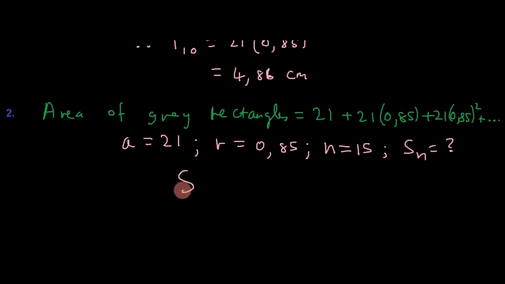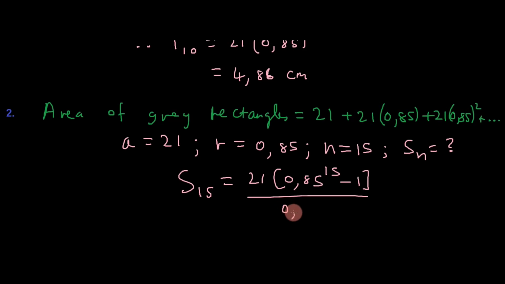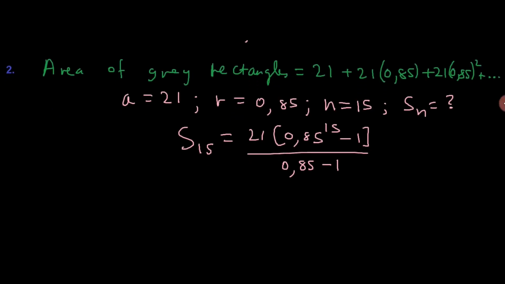So using the sum formula, S sub 15 is a into r to the n, and n is 15, minus 1, r to the n minus 1, all over r minus 1. So let's see what this comes to.